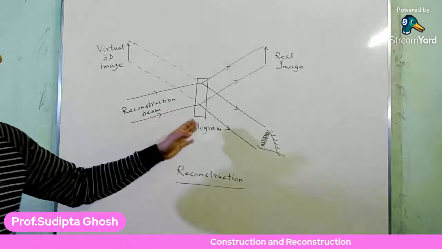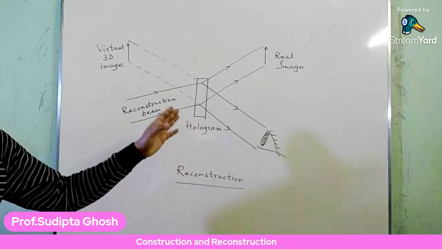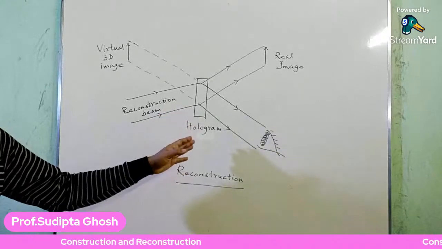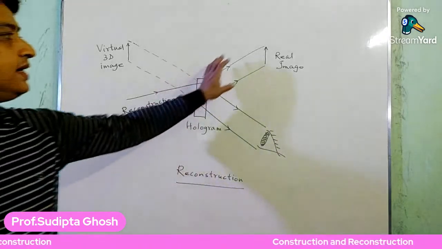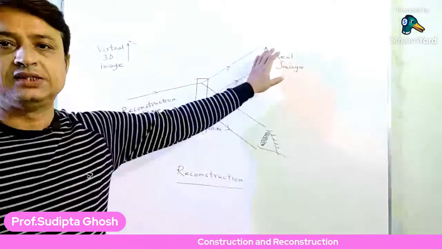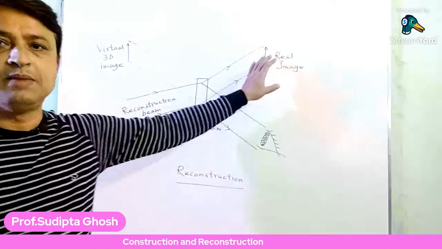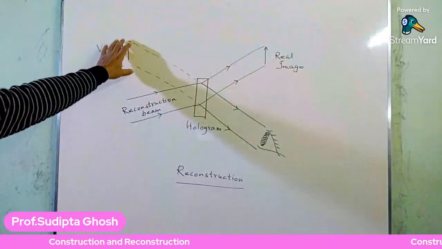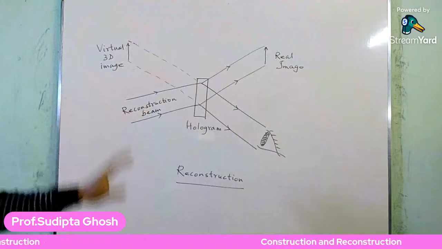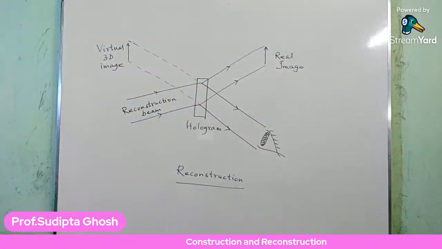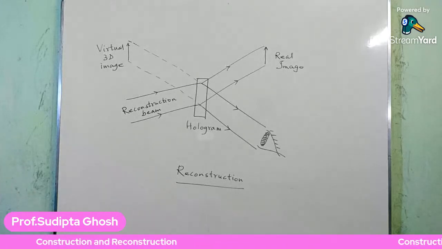Here the hologram acts like a diffraction grating. It produces two sets of diffracted beams. One set forms the real image, and the other set, as you can see, produces the virtual three-dimensional image. So that is the process of reconstruction.